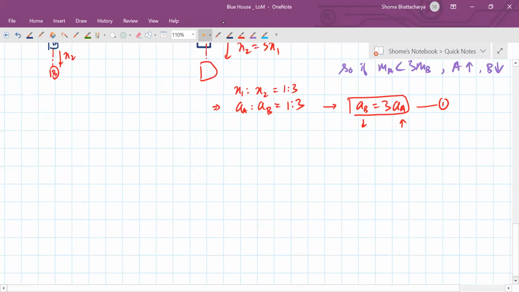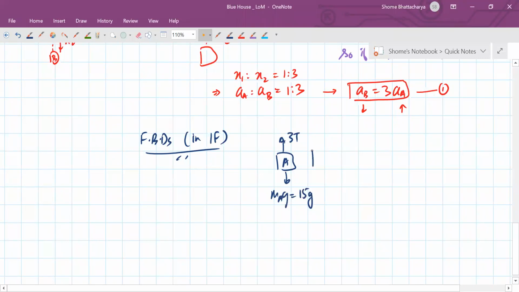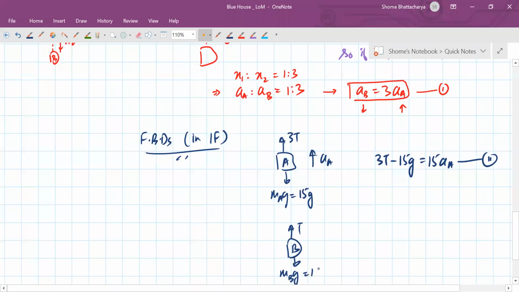Rest you can see the free body diagrams. In inertial frame, so these are my equations.